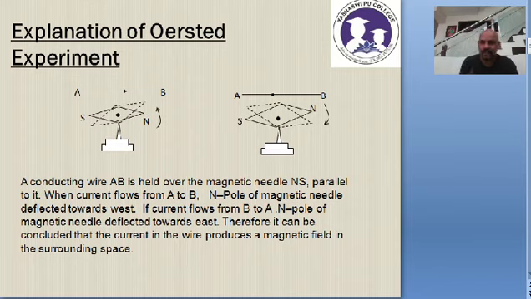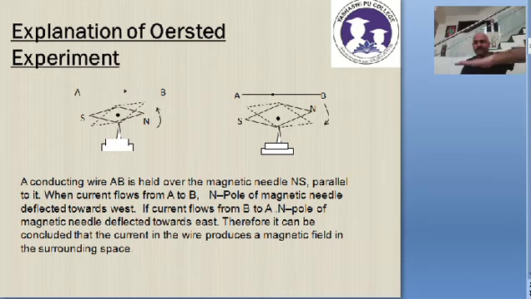And the direction I will tell you again. Suppose you have a conductor and the current is going from A to B. You have kept a magnetic needle below. The north pole of the magnetic needle will deflect towards the left side.